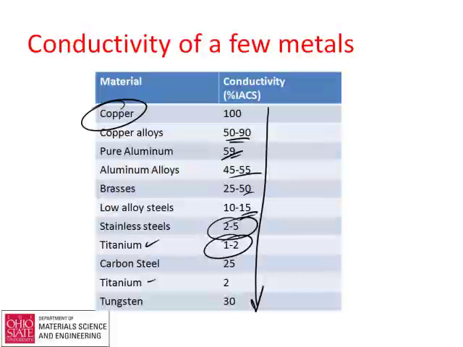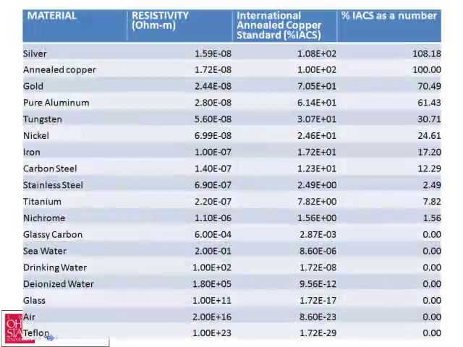And so you're seeing the range. Copper is good. A lot of other things are not nearly as good. So if you're going to make wiring for your house, we'll see that conductivity matters quite a bit. And we'll consider exactly how it matters, and we'll come back to this, or you're free to come back to this later on. So I'm just going to put a bunch of data out here, and we're going to come back to this.